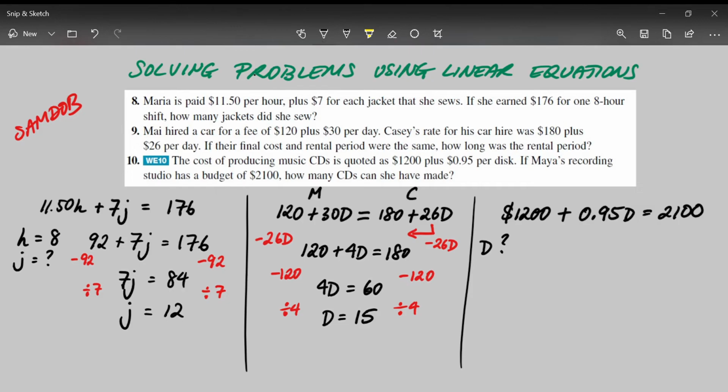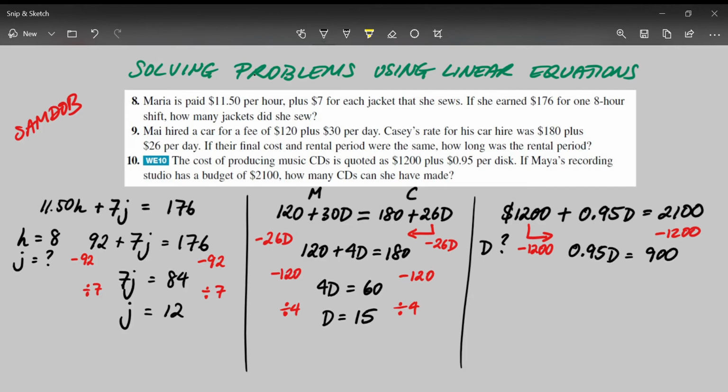The first thing we want to get rid of is the 1200 by moving it to the right hand side, so we take away 1200. We also take 1200 from the other side to keep things balanced. So we've got 0.95D is equal to 900.